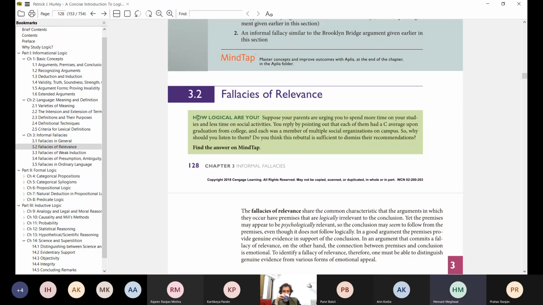How logical are you? Suppose your parents are urging you to spend more time on your studies and less time on social activities. You reply by pointing out that each of them had a C average upon graduation from college and each was a member of multiple social organizations on campus. So, why should you listen to them? Do you think this rebuttal is sufficient to dismiss their recommendations?